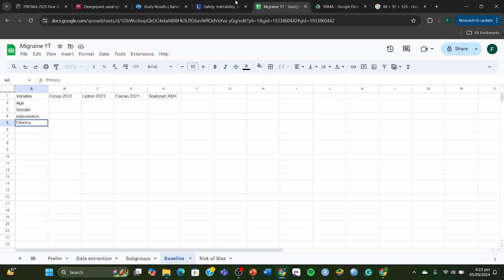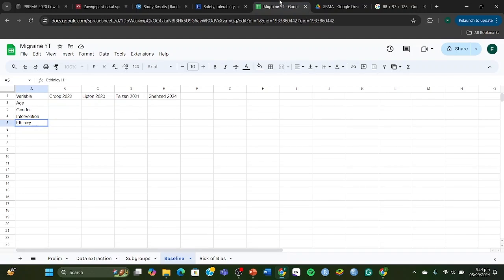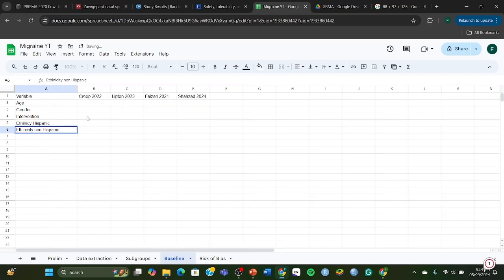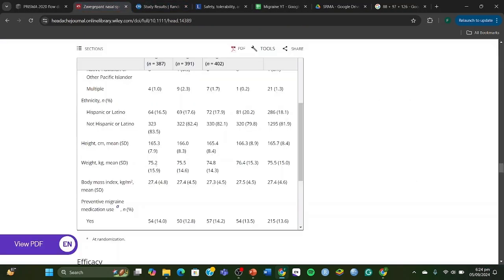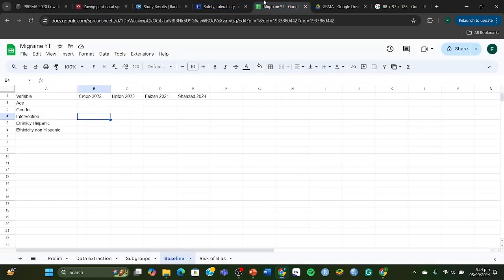And now, of course, since they have divided into Hispanic and non-Hispanic, we're gonna add it as Hispanic ethnicity, non-Hispanic. And then we're gonna make the variable one a bit bigger. Okay. And lastly, the baseline BMI, weight, height, and just the random stuff.